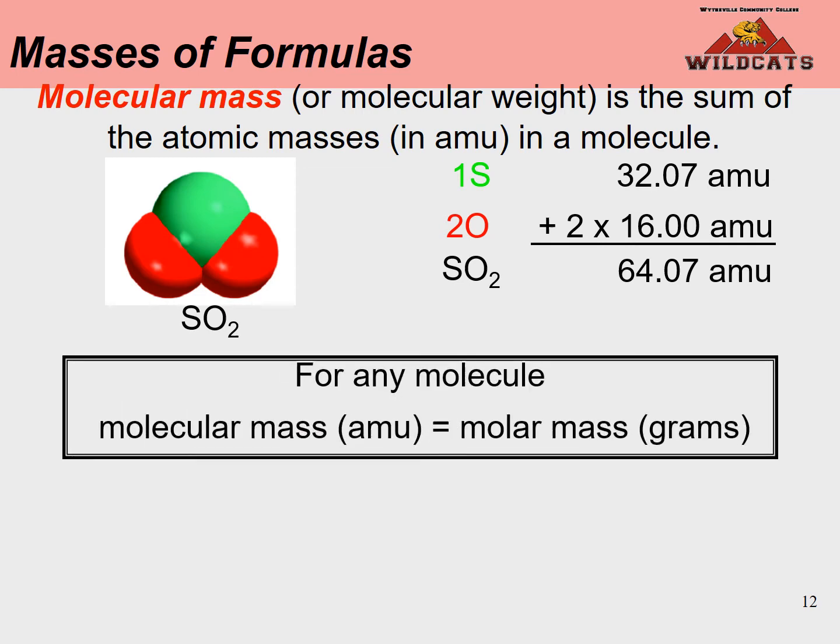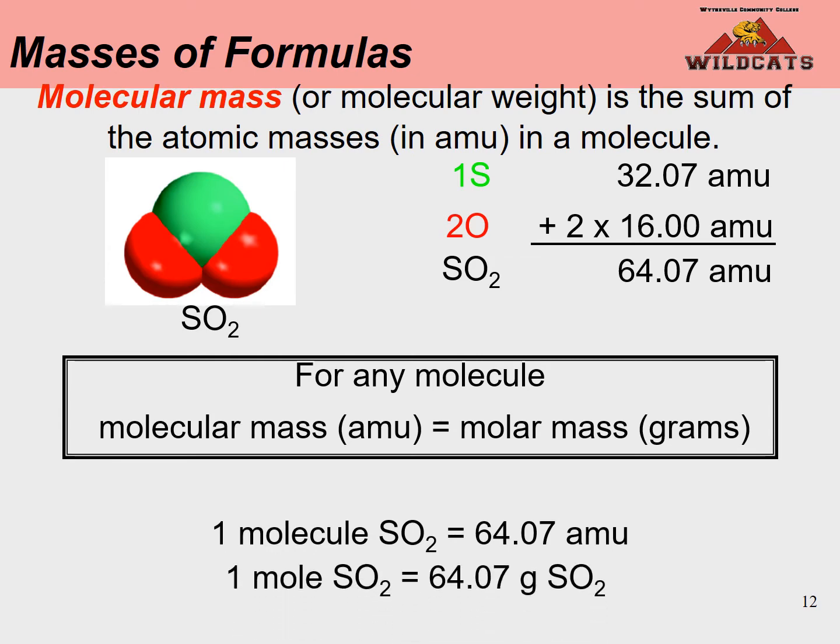If we want the molar mass, we just use grams instead of AMU, and it's grams per mole for molar mass. So 1 mole of SO2 has 64.07 grams.